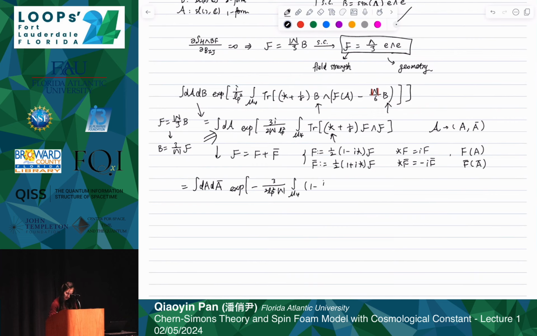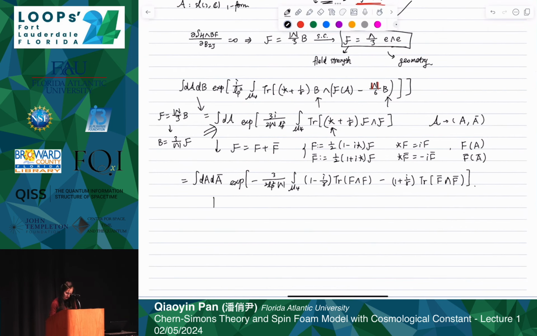One term has 1 minus i gamma, because this separation allows us to remove the Hodge dual, and we have the trace of F wedge F. And another term is in terms of only F bar wedge F bar. Great. Now we have the second Chern term.